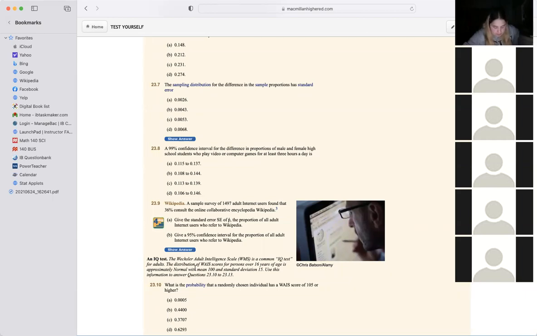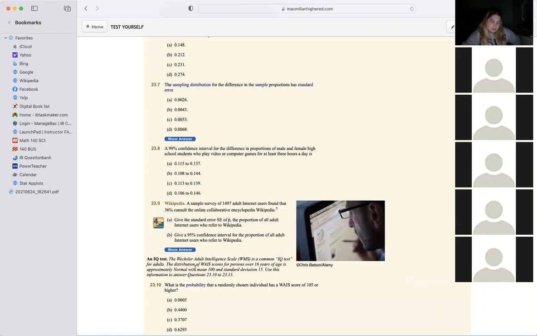I was confusing the word. What is it? 0.335 and then 0.384. That is the confidence interval. Did everyone get that confidence interval? No.